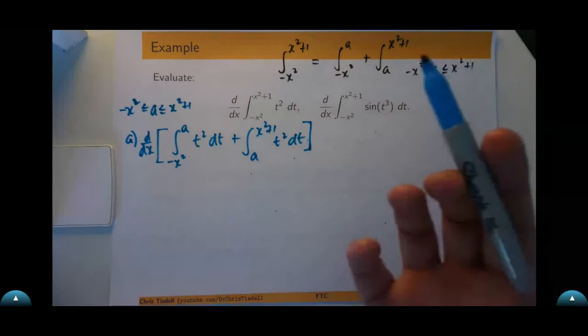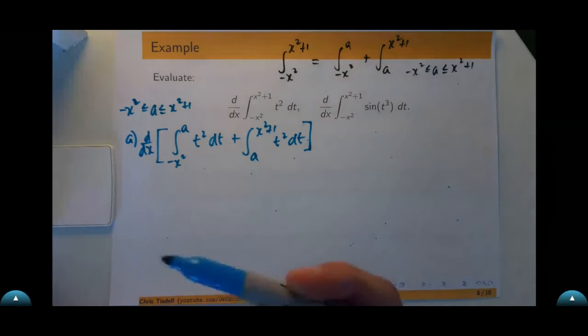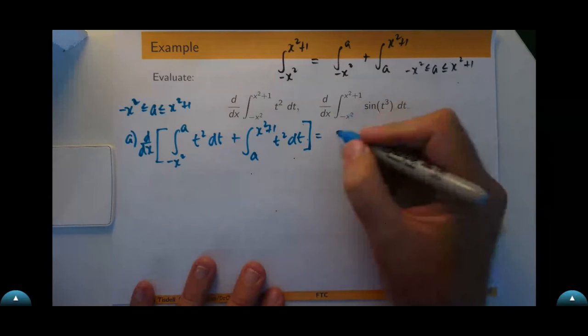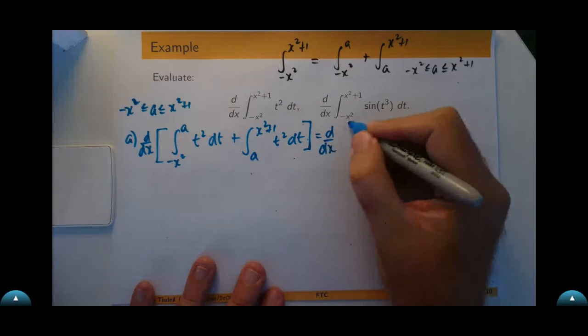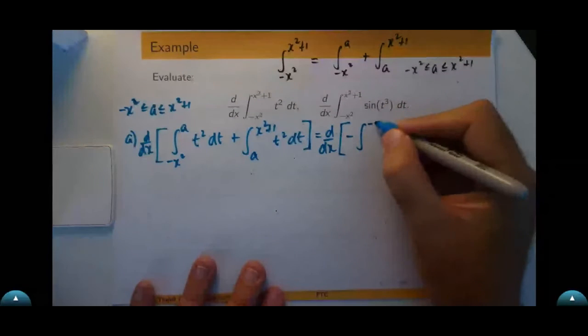Okay. And now what you can do is you can, for example, differentiate both of these integrals, right? So let me just move this one into a nicer form.